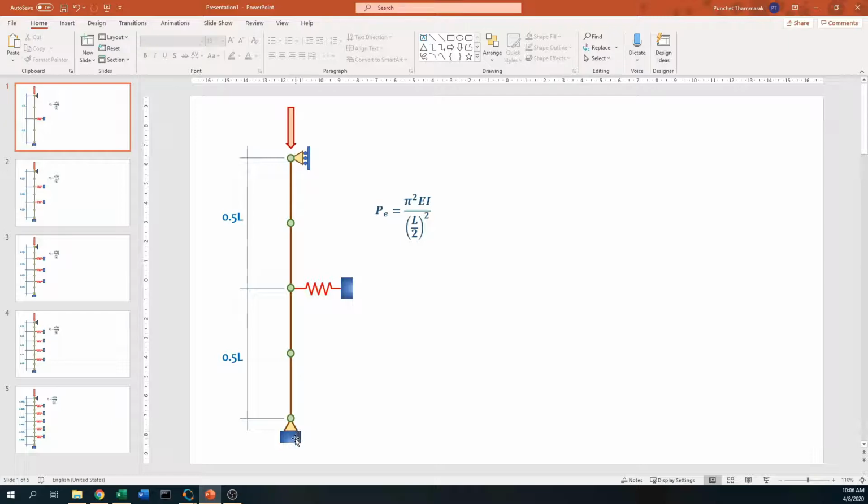Now, the restrained degrees of freedom are the following. First of all, this is the pin. So rotation will not be restrained, but you prevent this point from moving laterally.